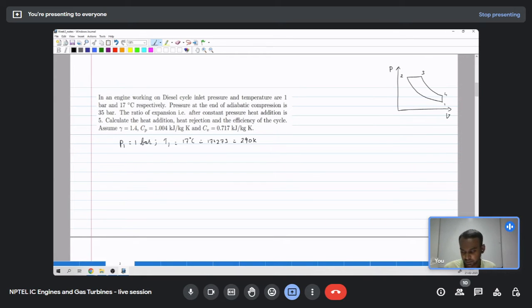Pressure at the end of adiabatic compression, that is P2, is 35 bar. The ratio of expansion is given as V3 by V2 equal to 5. Now we have to calculate the heat addition, heat rejection and efficiency.